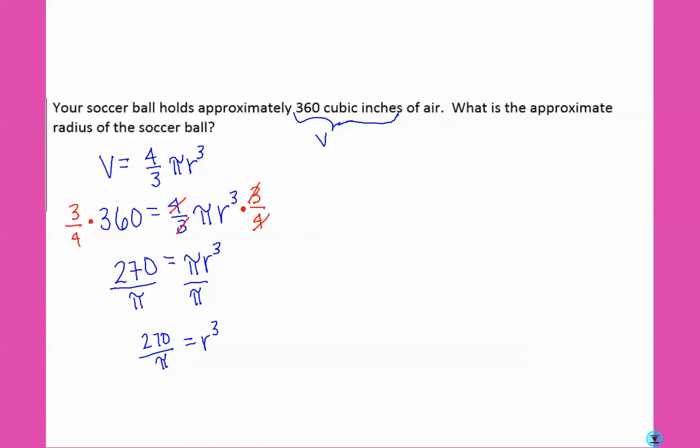The opposite of cubing is cube root, which, if you've forgotten, on your calculator is math 4. So we type cube root of 270 over pi into our calculator, and we get that the radius is approximately 4.41 inches. And I know it's inches because the volume was in cubic inches.